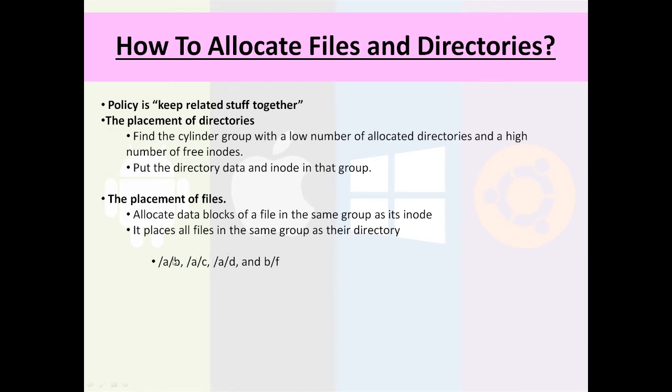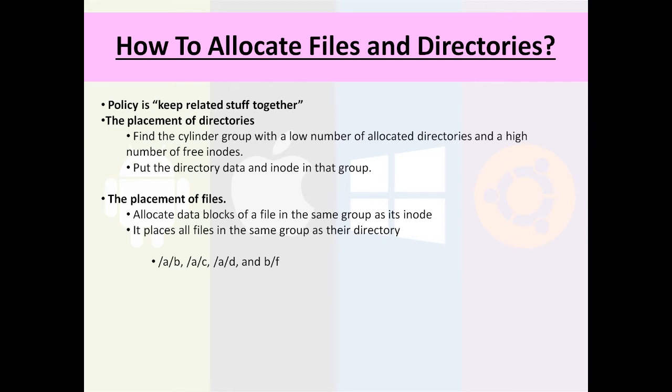And the file F is in directory B. So if the user creates these four files, B, C, D, and F, FFS would try to place the first three near one another in the same group, and the fourth one, F, in some other group. So that is how FFS handles the allocation of files and directories.